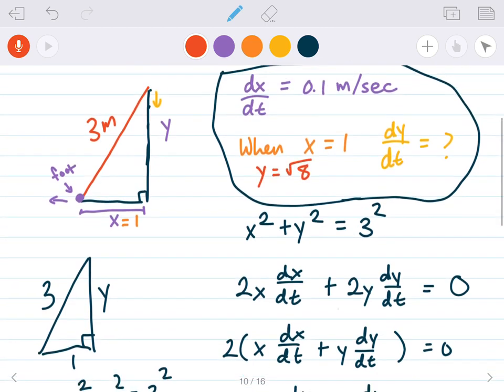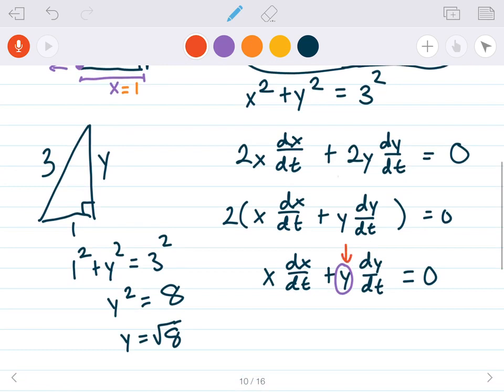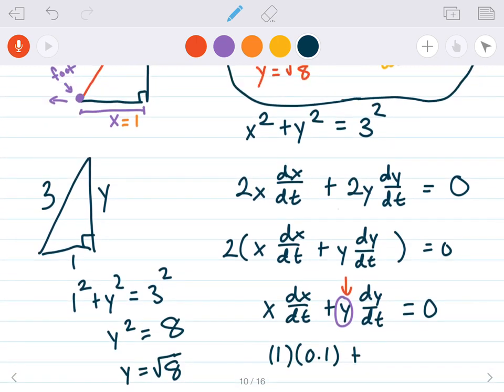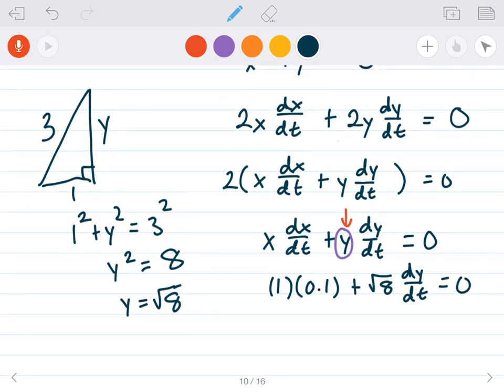So that's our other key piece of information that I'm going to add to this list up here. Because we need it, right? We need it to plug in right here. So let's plug in everything we have. x is equal to 1. dx/dt is 0.1. y is root 8, and we don't know what dy/dt is. So let's go ahead and find it now. I'm going to subtract 0.1 from both sides to get root 8 times dy/dt is equal to negative 0.1.